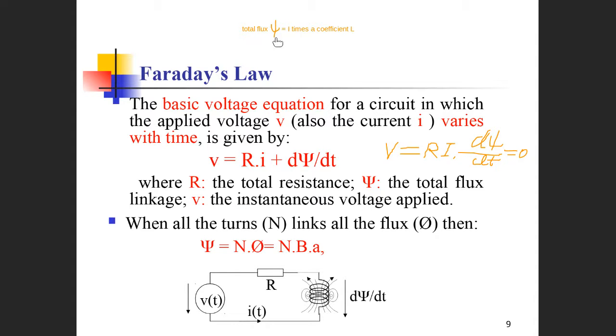The total flux can be simply written if the coil is fixed. The total flux can be simply written as the current times a coefficient, the coil coefficient, L.